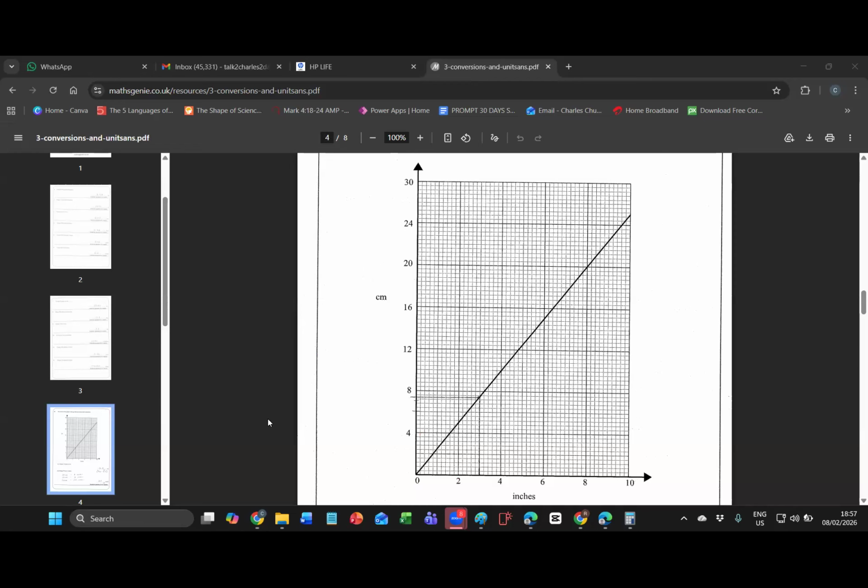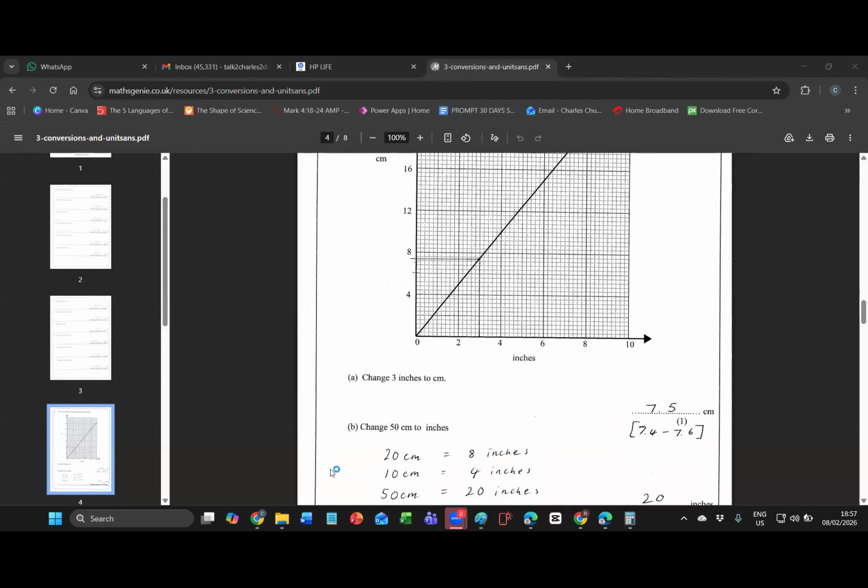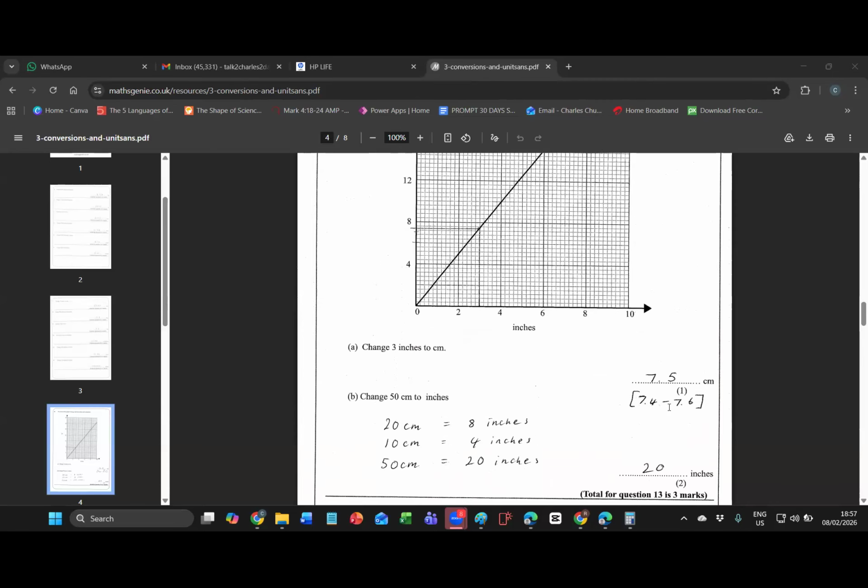Once you can do that, all right. So theirs was 7.5. Anyway, we're kind of close, right? We're kind of close between 7.4 and 7.6.